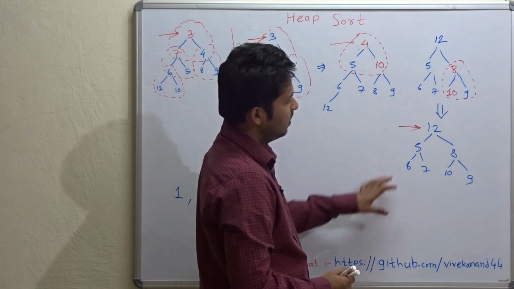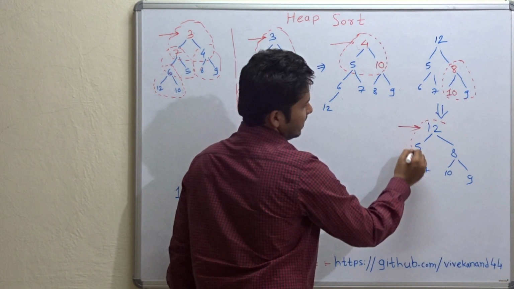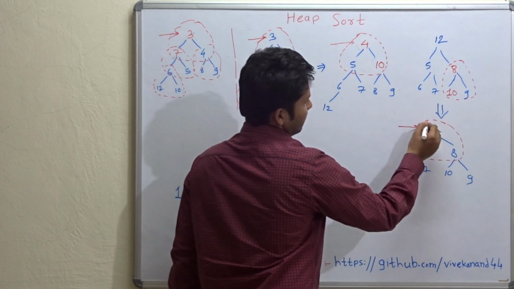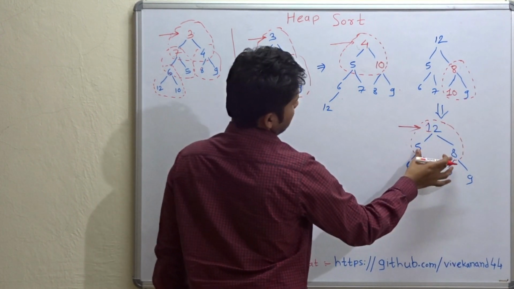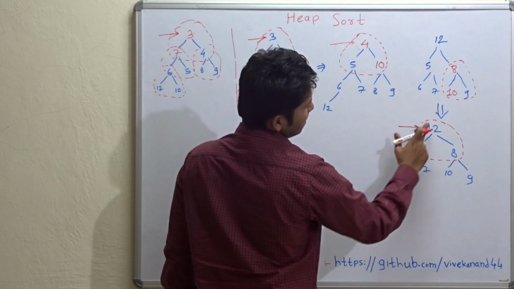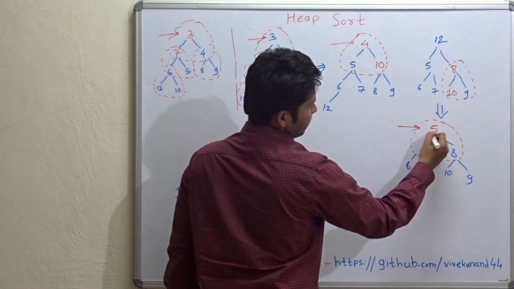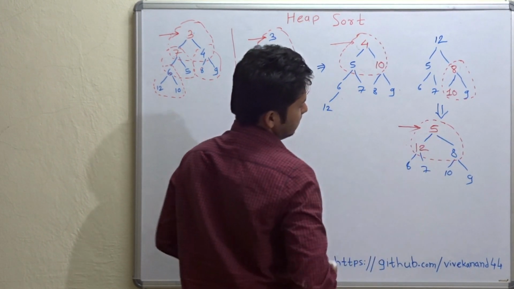So here, yes, we will circle it first. Then what is the minimum in these three? 5 is the minimum. So we will swap it. 5 comes here, 12 goes there.